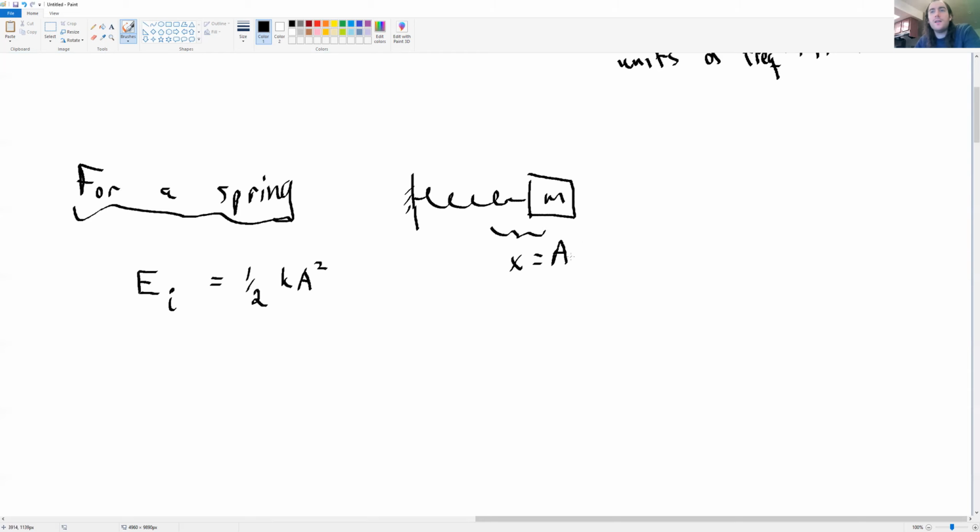Let's look at anywhere in between. We looked specifically at stretching it, letting it go, and letting it come back to equilibrium.